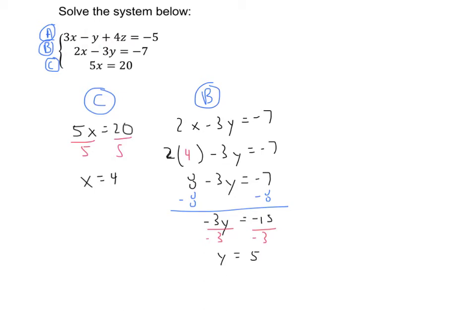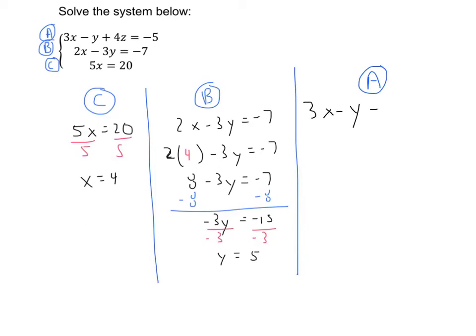So we're going to use equation A. Equation A was 3x minus y plus 4z is equal to negative 5. Let me write that again here, so we need a z. And actually, I want you to go ahead and pause and do a substitution: replace x with 4, replace y with 5, and then solve for z.